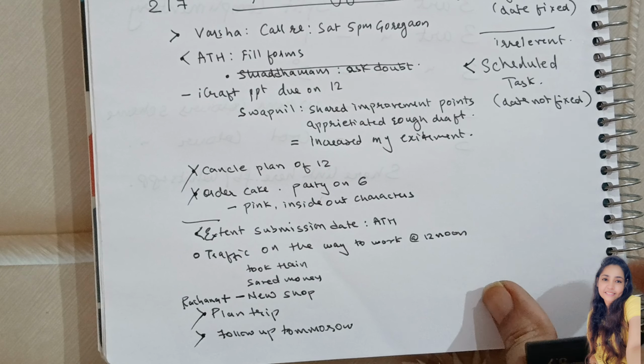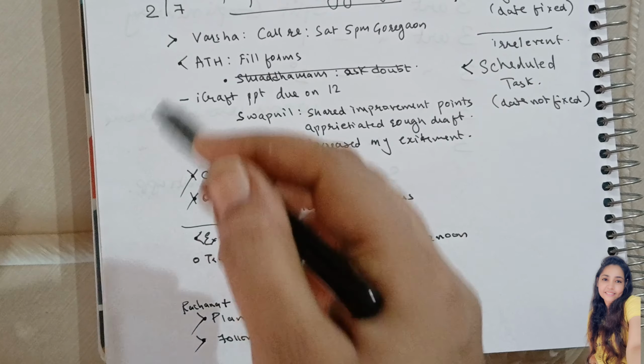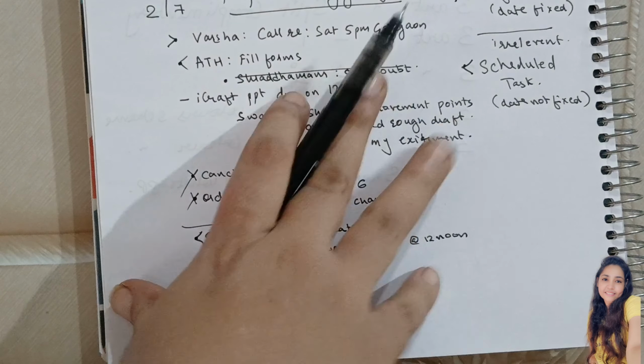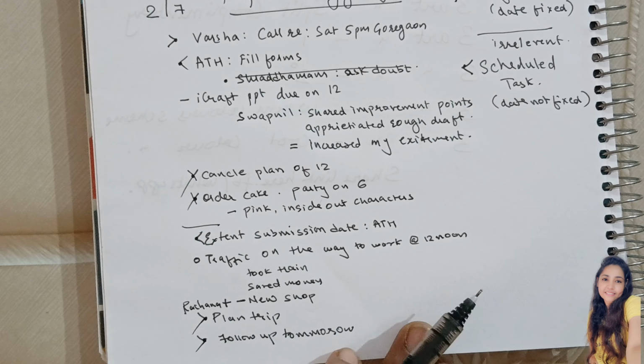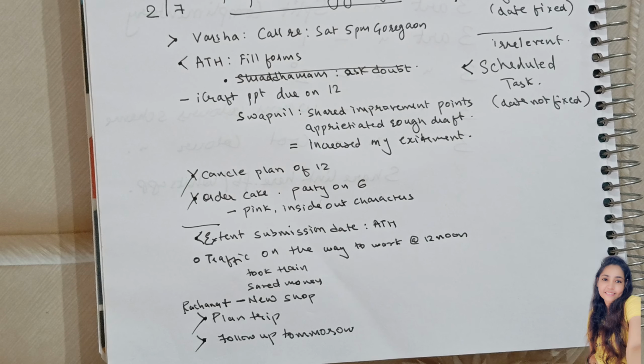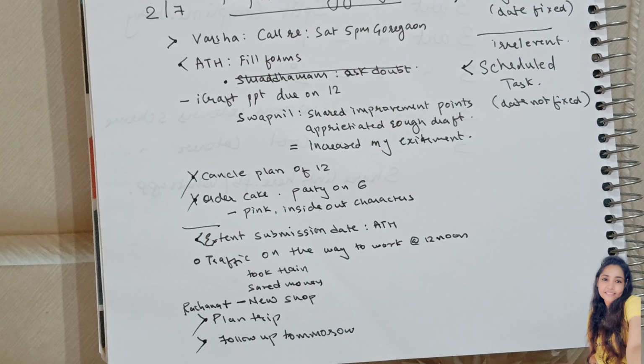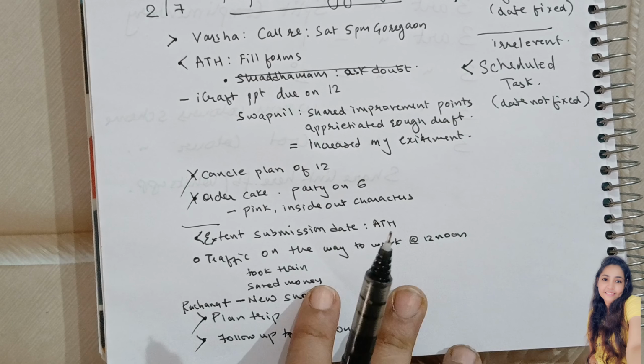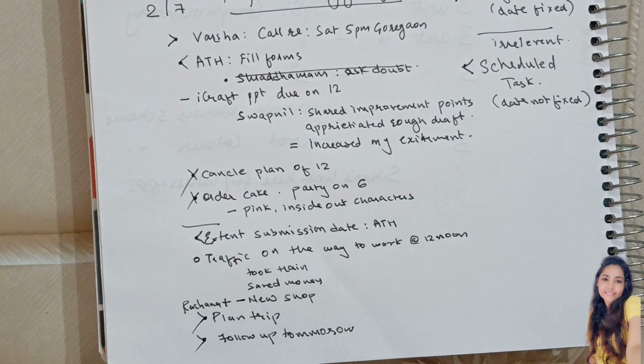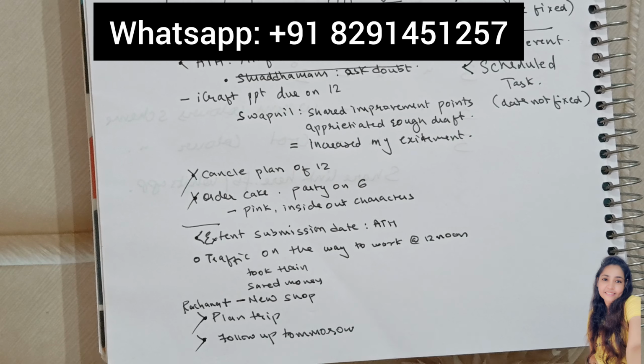Okay. I hope the system of how to rapid log is clear. Try doing this for at least a week to get a hold of how to rapid log your stuff, how to tick mark it, how to give bullets to your stuff. Alright, if you all want, share your logs with me and I will help you out as well.